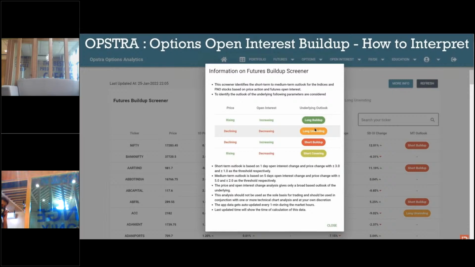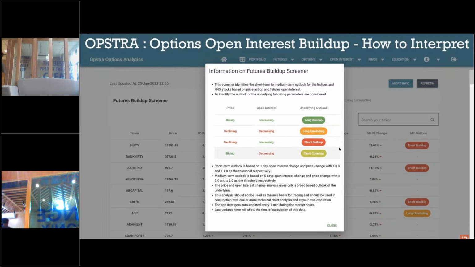The persons who hold long call positions will want to quickly exit in order to cap their losses. They have to sell at whatever price is possible, so suddenly there's selling pressure. When you're long unwinding, both the open interest and the price of the option decrease. That's what we call long unwinding.